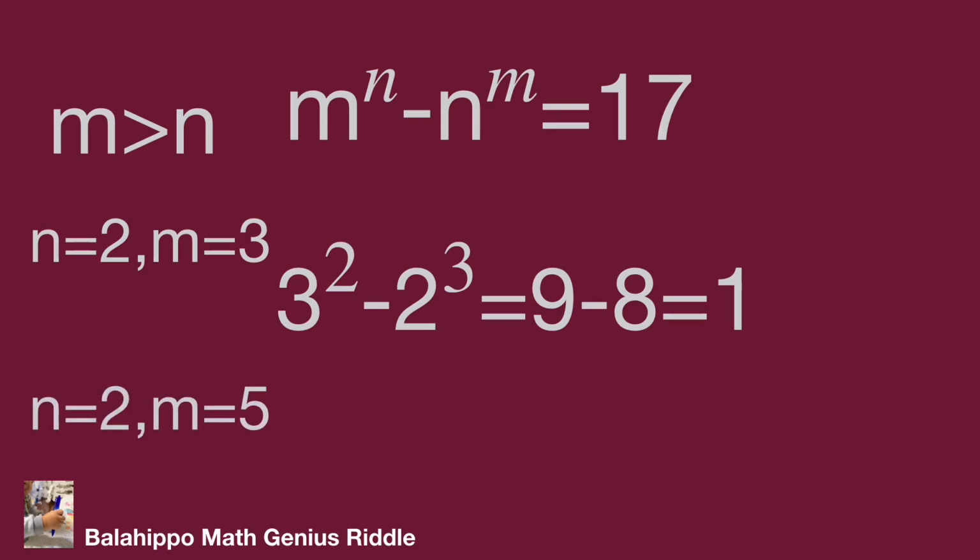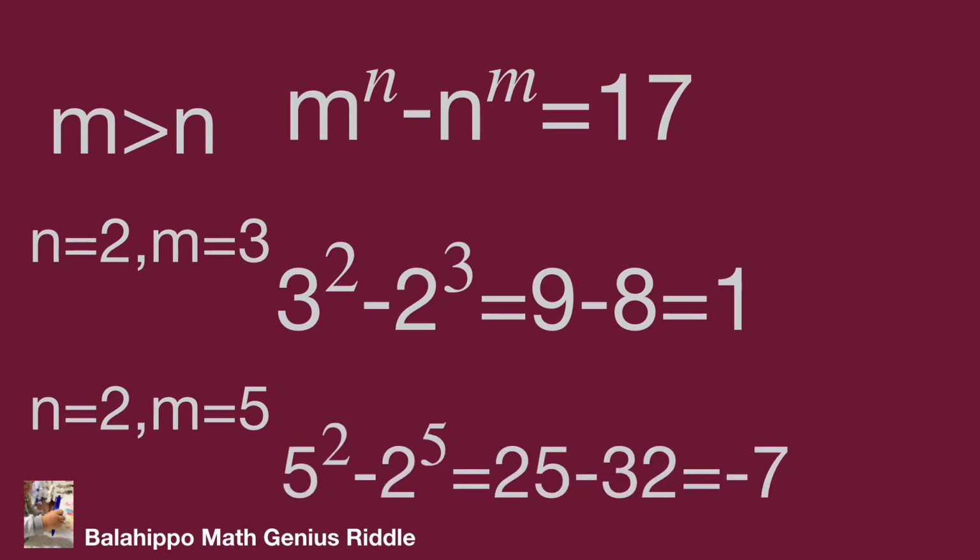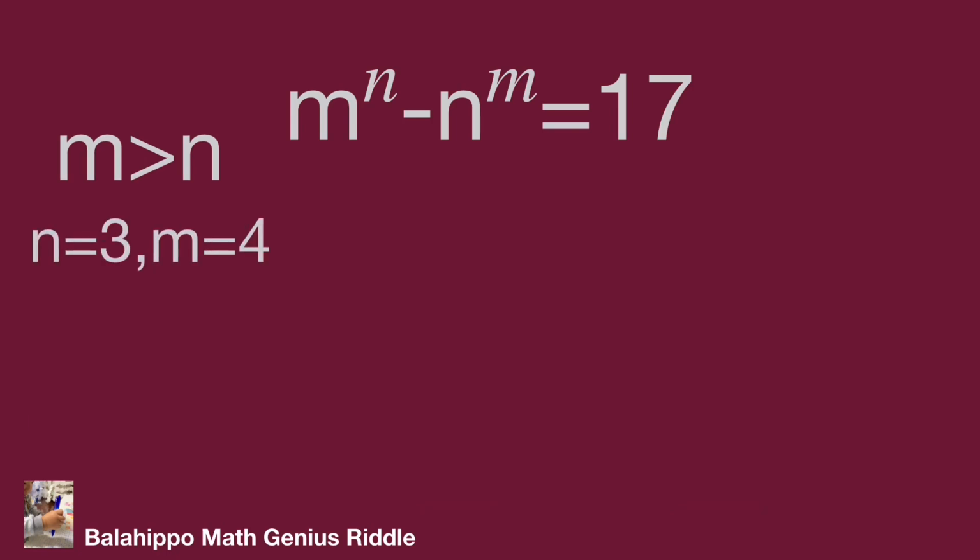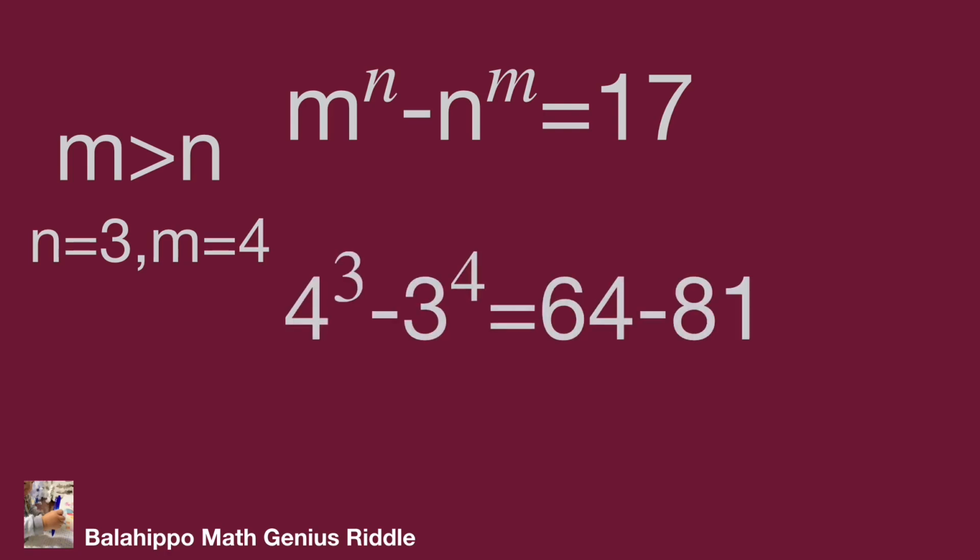While n equals 2 and m equals 5, we get 5 squared minus 2 to the power 5 equals 25 minus 32 equals minus 7, not a solution. While n equals 3 and m equals 4, we get 4 cubed minus 3 to the power 4 equals 64 minus 81.